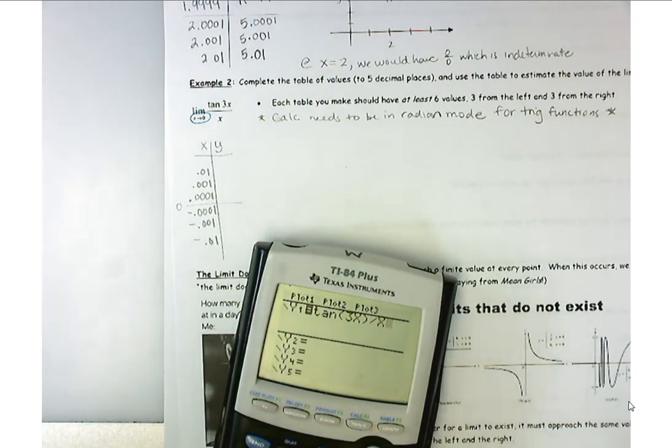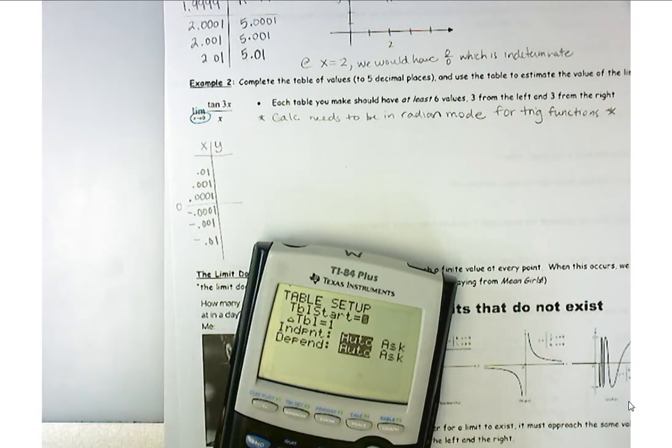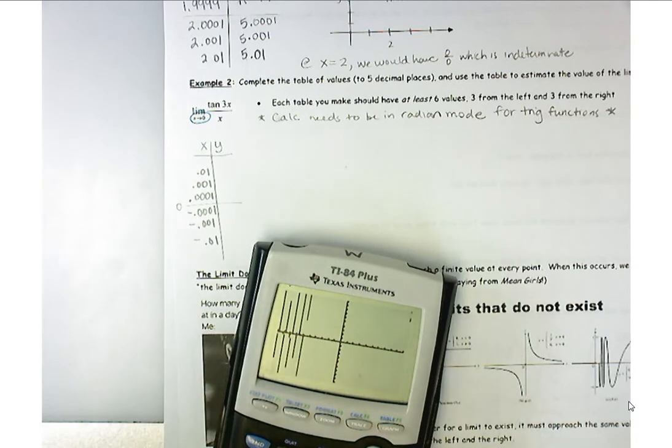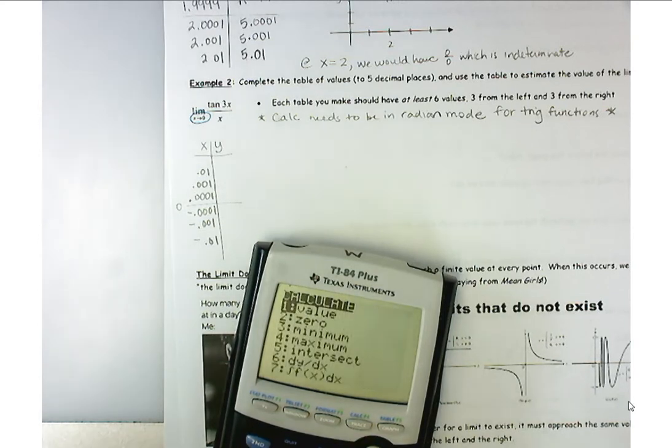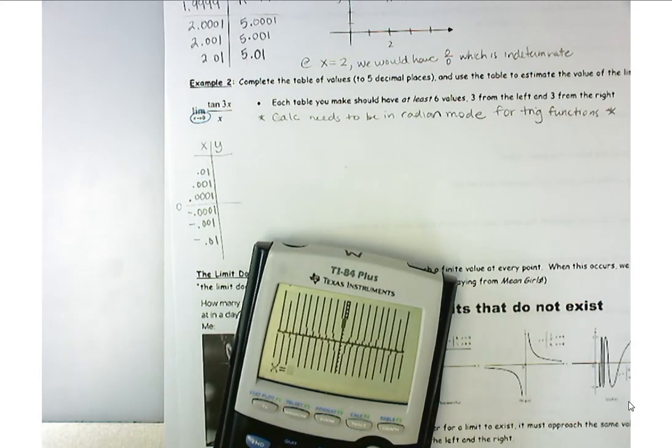Alright, and then I can go to my table set. Or I can also go to my graph, which, do you guys remember what tangent functions look like? Your squiggles there. Oh, it's so beautiful. And then I can go to calc, value, and then if I wanted, I could just punch in my value for x, and then it would give me my value.